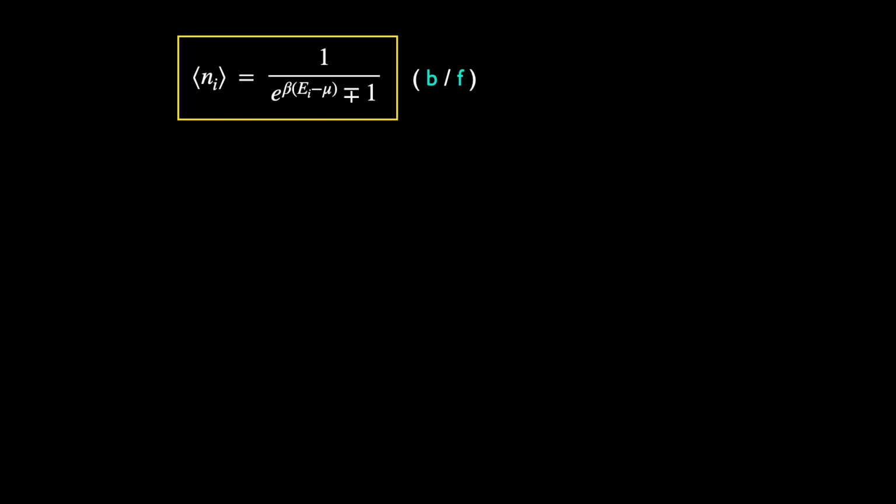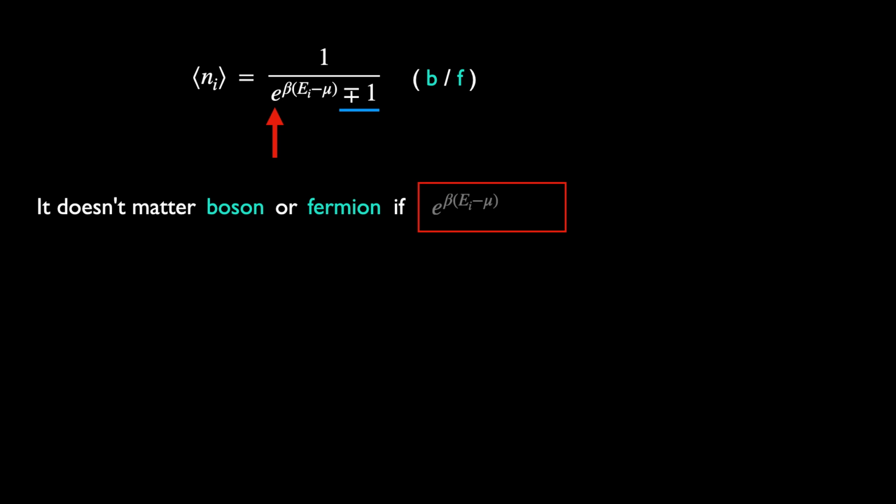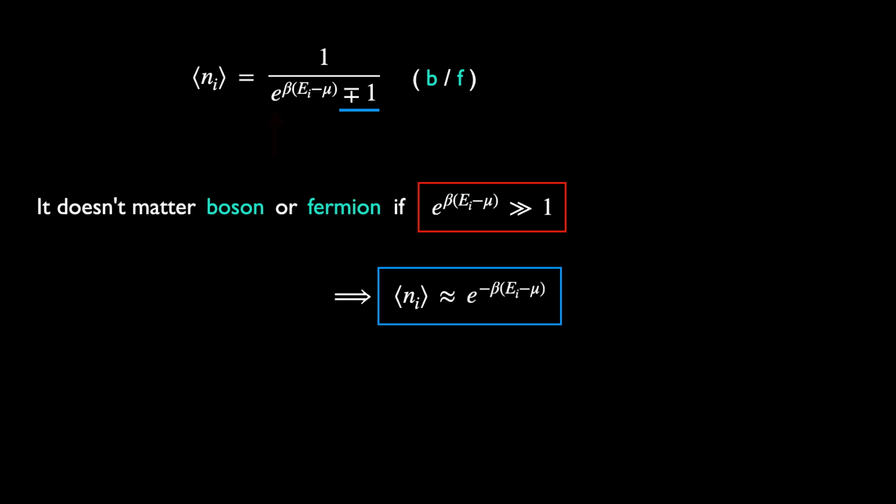There is a situation where it doesn't matter if the particles are bosons or fermions. That's when the exponential term in the denominator is very much larger than the second term, which carries the sign that differentiates between bosons and fermions. Under such conditions, the occupation number is approximately an exponential function.